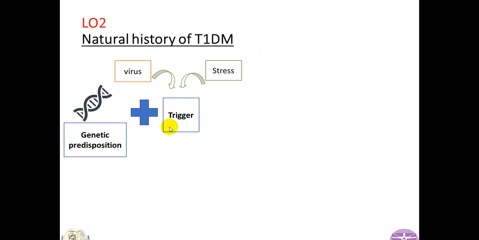So this trigger, in addition to the genetic predisposition, will result in immune activation. The immune activation means that there will be activation of the immune system to produce autoantibodies. By autoantibodies, we mean antibodies from the same body toward the same body.